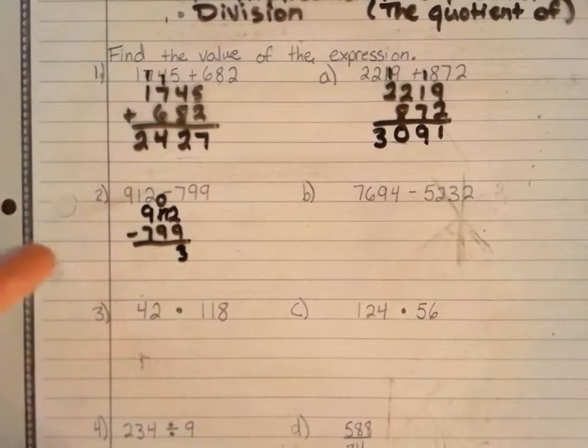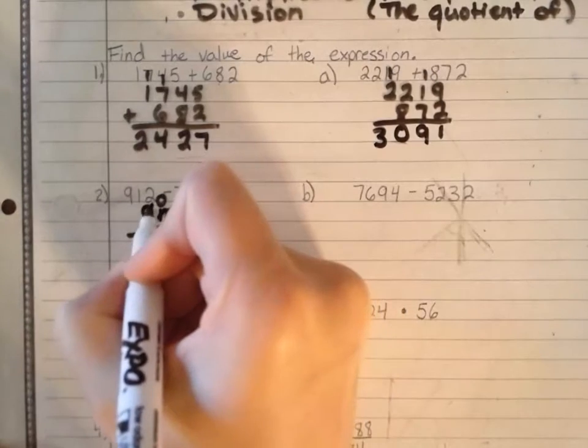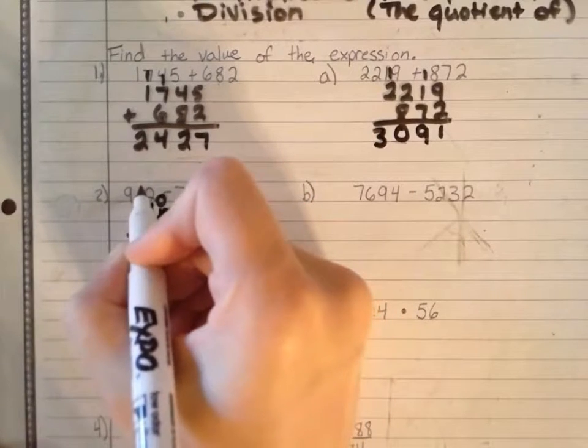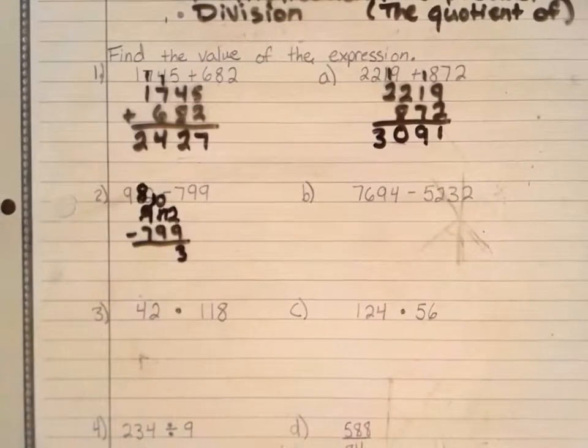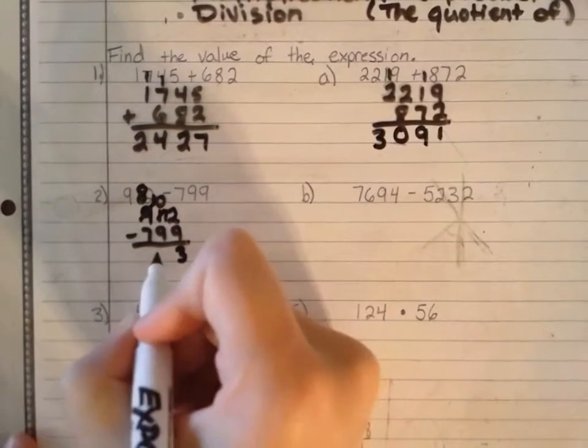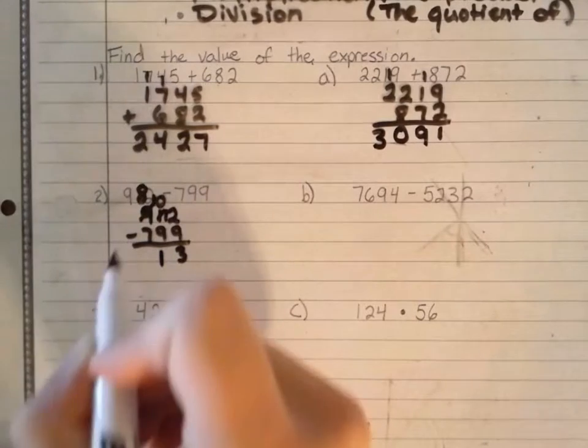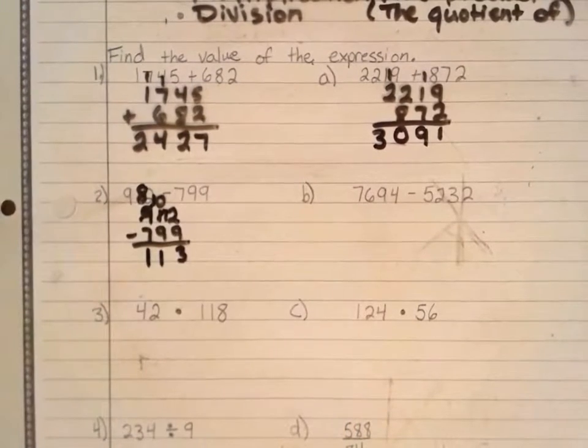The next one, 0 minus 9, we cannot take 9 away from nothing, so we need to borrow next door, which would become an 8, and 0 will become 10. 10 minus 9 gives us 1. 8 minus 7 gives us 1.